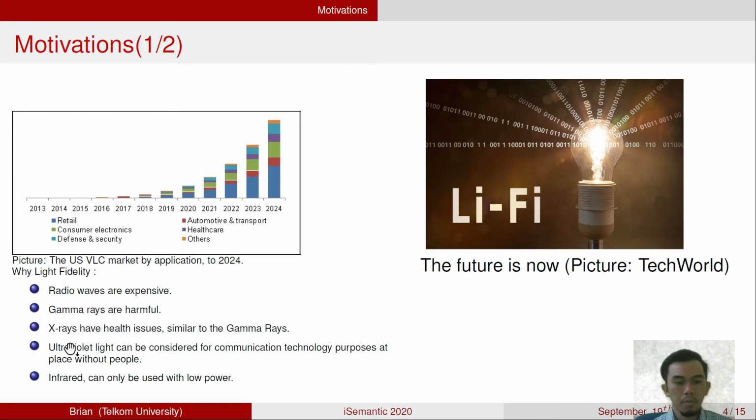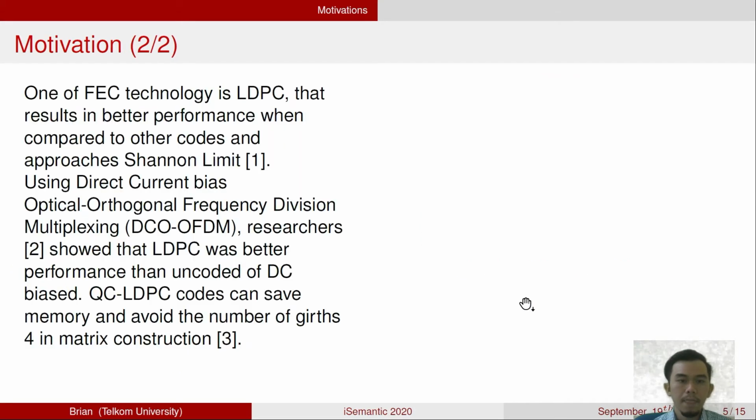This is the better, different aim with this Wi-Fi. Infrared can only be used with low power, so we can assume that the future is for the Wi-Fi with LED. And then this is our motivation.